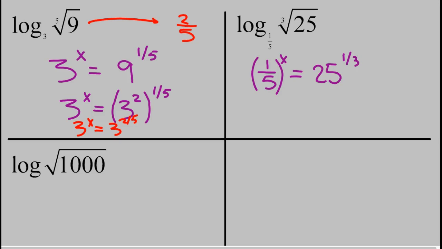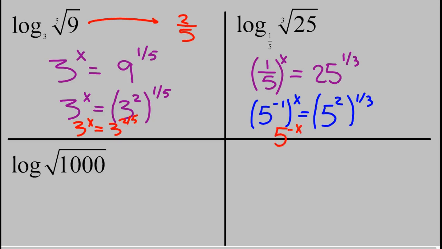Now those both can be written as powers of 5. 1/5 is the same as 5 to the -1. So 5 to the -1 to the x, and 25 is 5 to the 2nd to the 1/3. So if I clean that up a little bit, this is like saying 5 to the -x is equal to 5 to the 2/3.